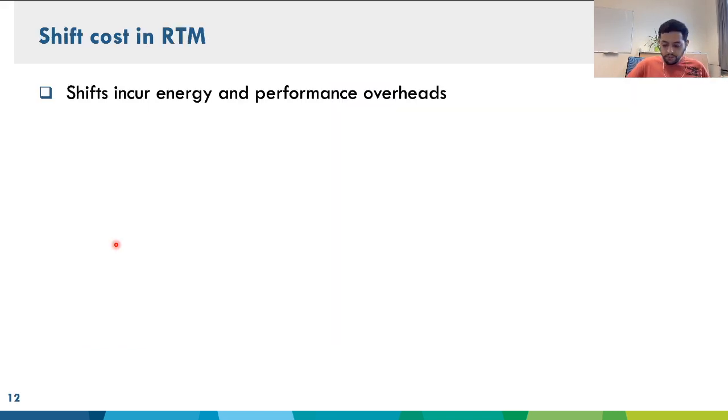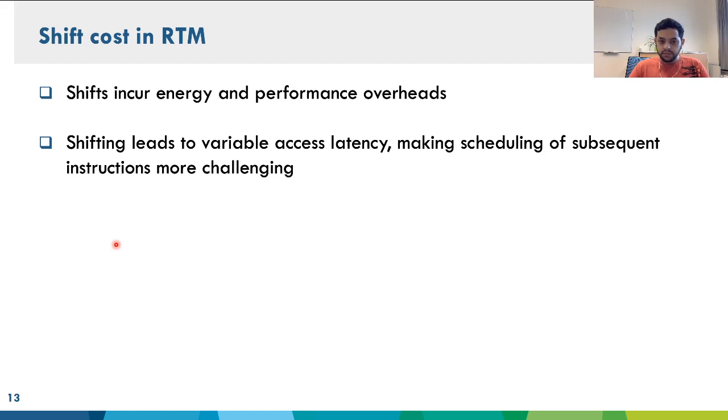Okay, so in the previous slides we talked about shifts, and we said shifts are costly, but how costly are they? As I said, they incur energy and performance overhead, but that's not the only thing. Shifting means that the access latency of the racetrack memory is placement dependent.